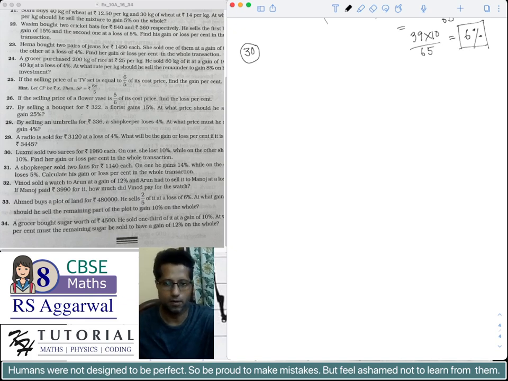On one she lost 10%. The selling price of each of the two sarees is 1980.